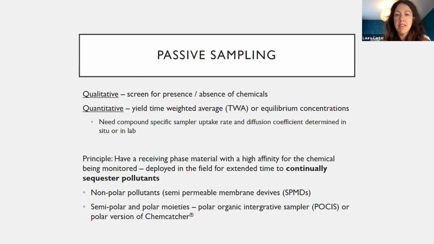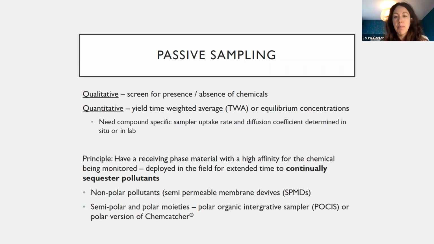So the next sampling technique I'm going to talk about is passive sampling. Passive sampling has recently become a major tool when you're looking at organic contaminants in surface waters, groundwaters and wastewater as well, in fact. A whole suite of contaminants have been studied using passive samplers. In addition to prescription drugs, you can also see illicit drugs, pesticides, PAHs using this sampling technique.